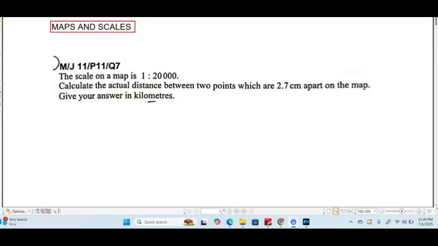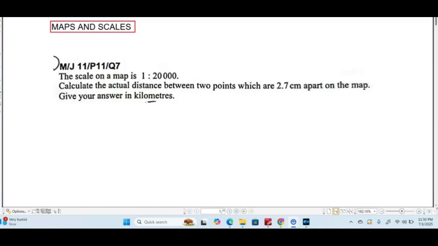These are the questions which are towards the easier side, and you should score 100% in these questions. So let's begin, and with every question, I'll be explaining everything in detail so that you get the concept of maps and scales as you are progressing with your past paper questions.